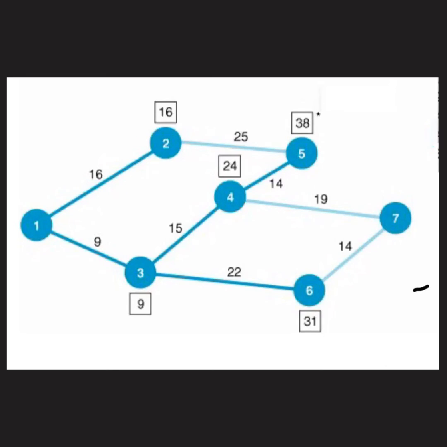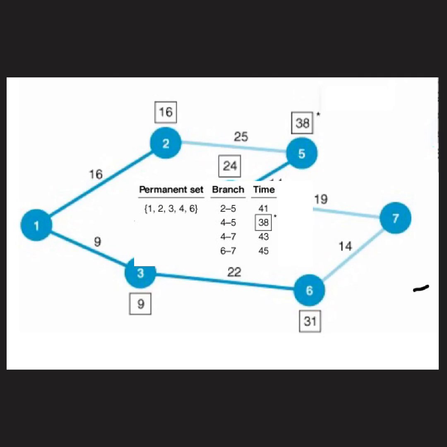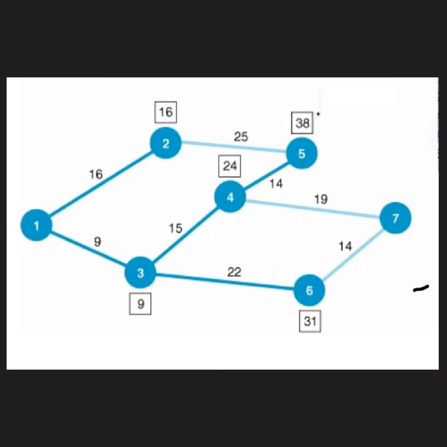We will now repeat the process. The nodes directly connected to our permanent set are nodes 5 and 7, as shown in the figure. Of the branches leading from the permanent set nodes to nodes 5 and 7, branch 45 has the shortest cumulative time of 38 hours. So node 5 joins the permanent set.